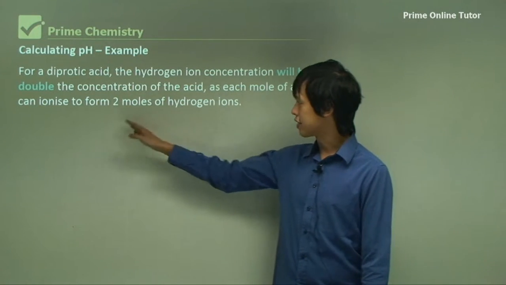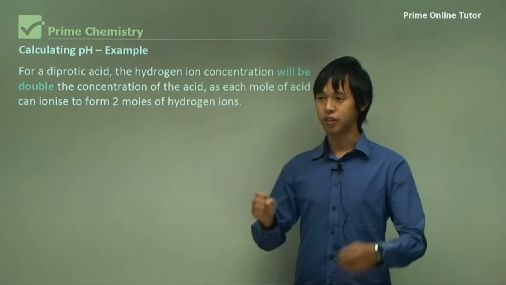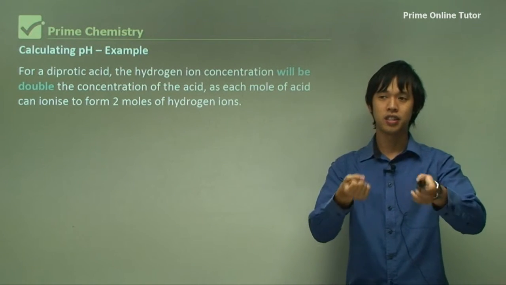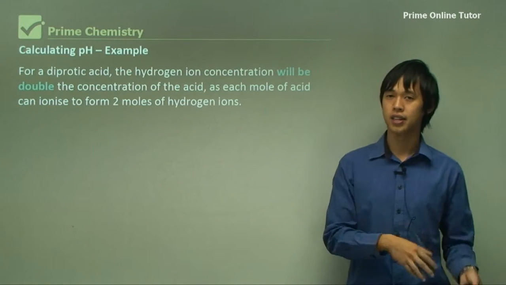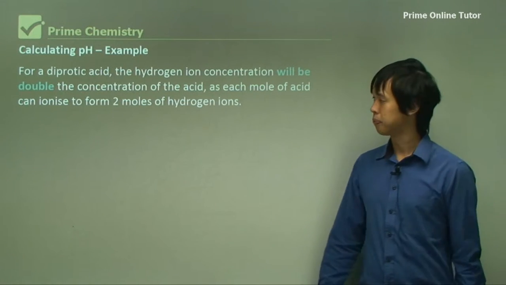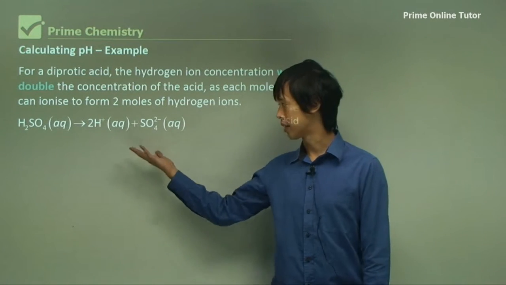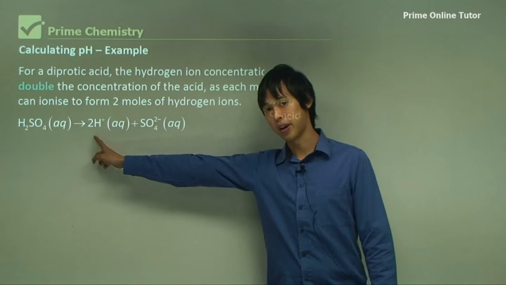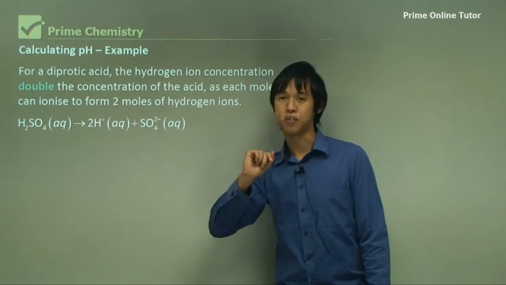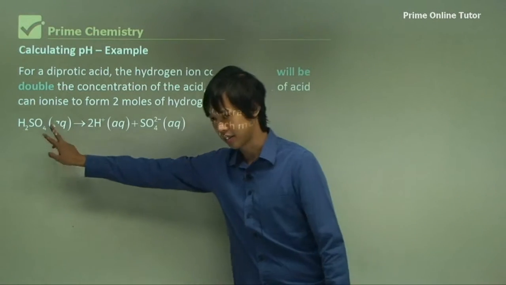As each mole of acid can ionize to form 2 moles of hydrogen ions. So if it can give away 2 hydrogen ions, if each molecule can do that, there'll be twice as many hydrogen ions as acid molecules. One example of that is sulfuric acid, okay? H2SO4. When it ionizes, it gives away 2H+ and a sulfate ion, okay? So you can see there's twice as many hydrogens as acid molecules.